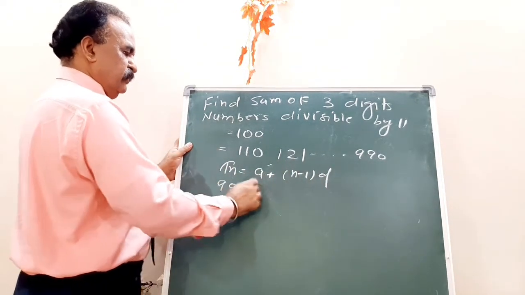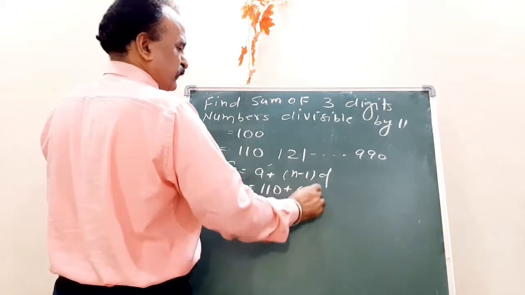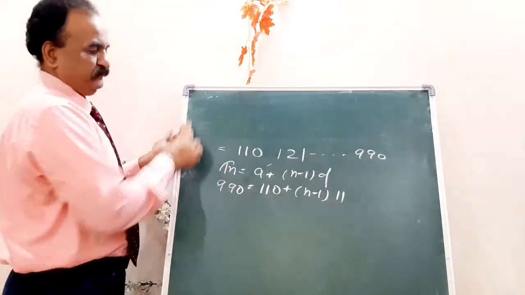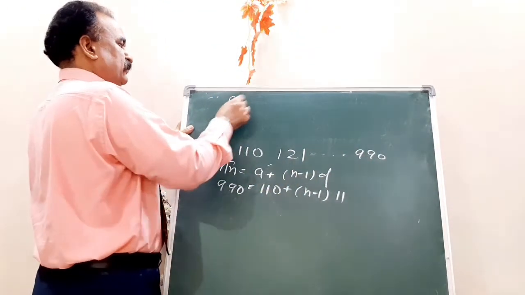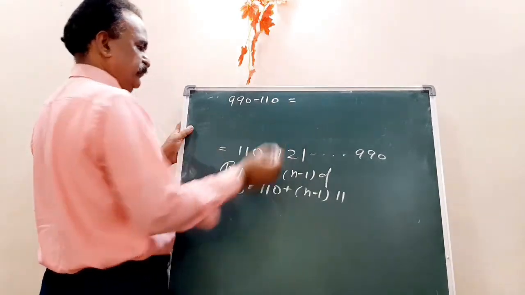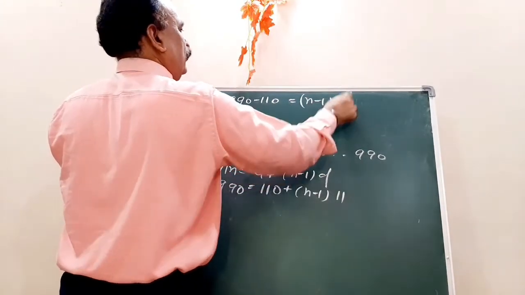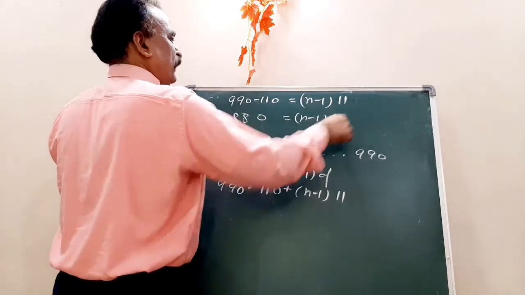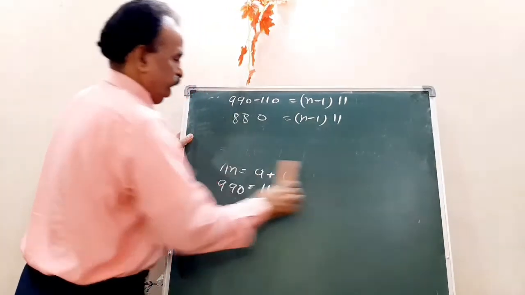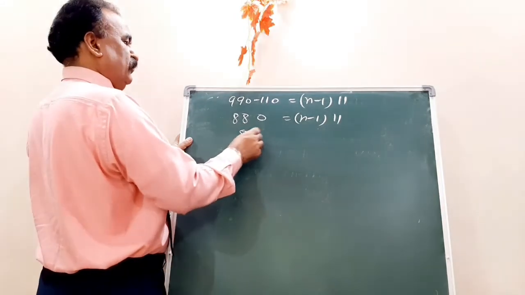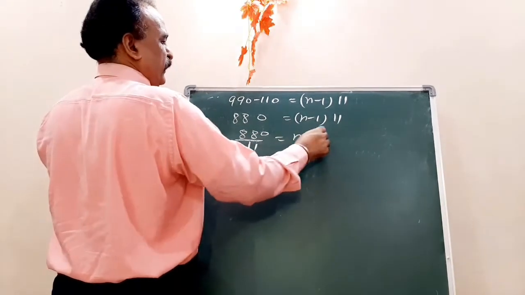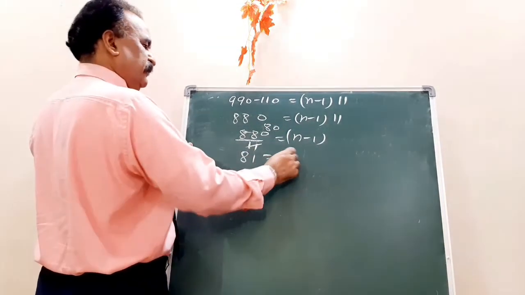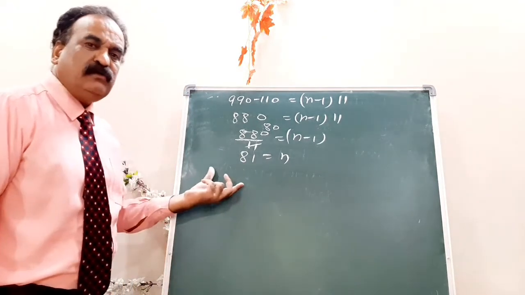So 990 is equal to 110 plus n minus 1 into 11. 990 minus 110 is equal to n minus 1 into 11. 880 is equal to n minus 1 into 11. So 880 upon 11 is equal to n minus 1. 11 eights are 88, so 80. So 81 is equal to n. It means the number of terms is equal to 81.